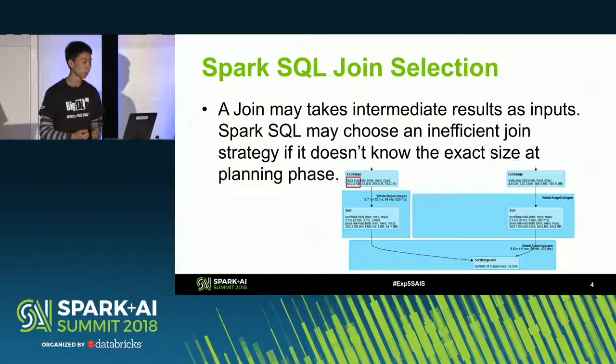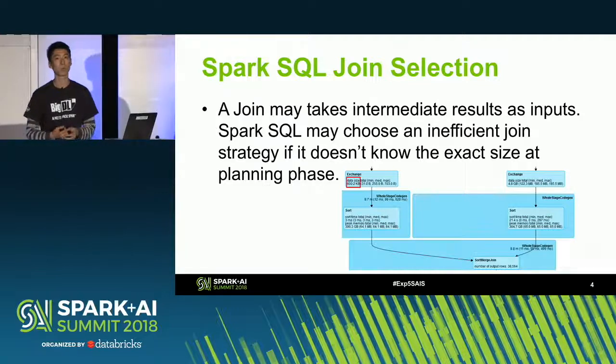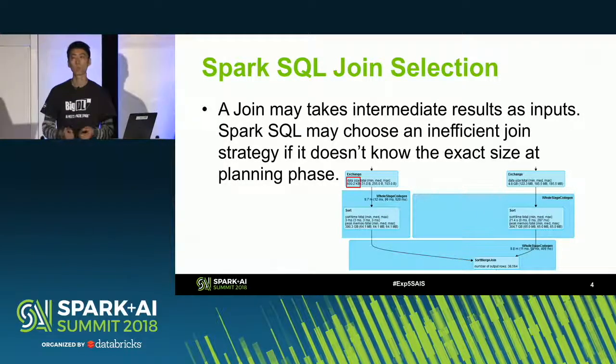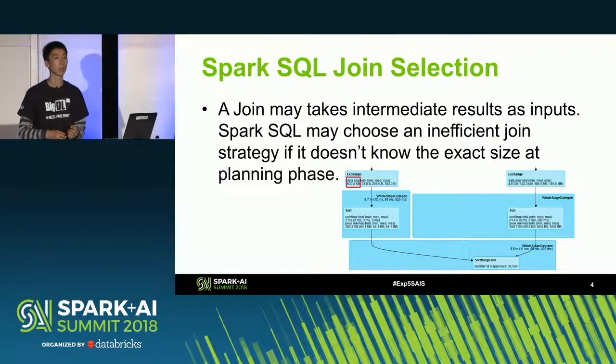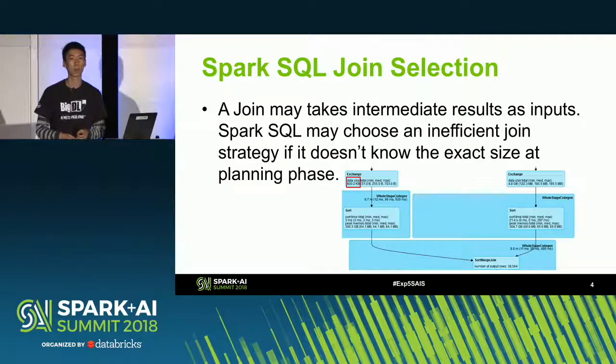So in this case, even though the size of the input table is small enough for broadcast, Spark SQL may still choose a sort merge join. Our idea with adaptive execution is to detect this at runtime, and when we observe that a better execution plan is available, we can switch to it at runtime.